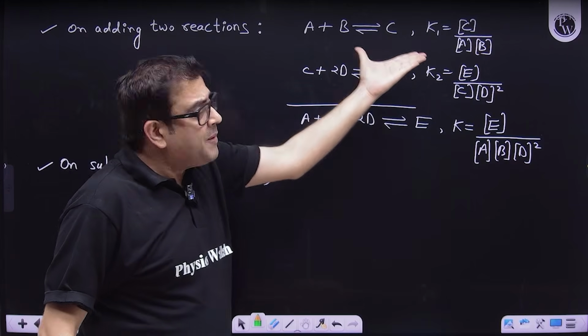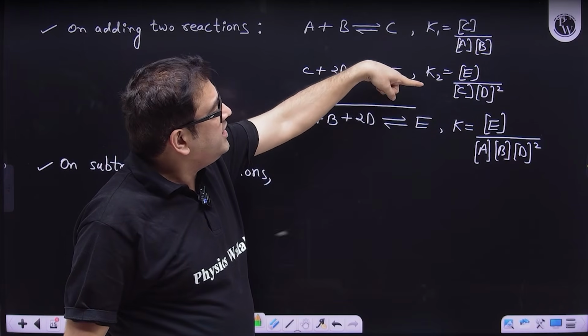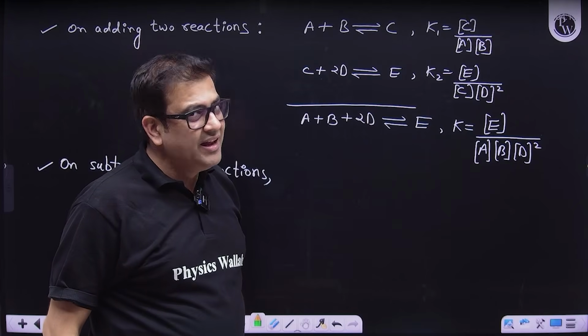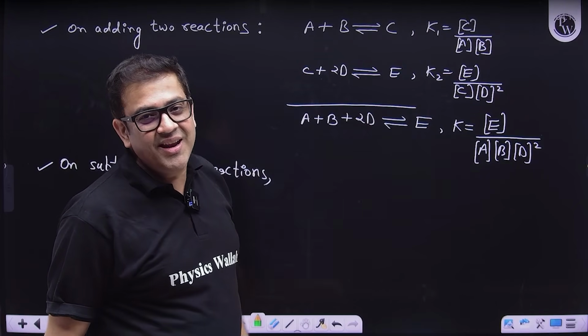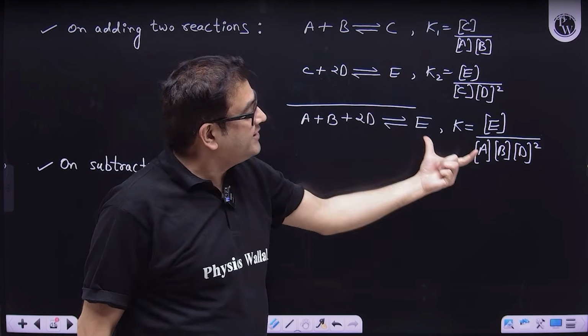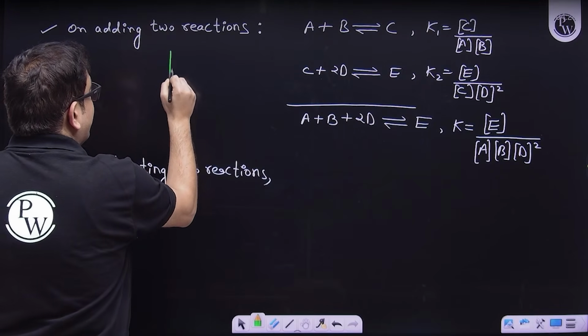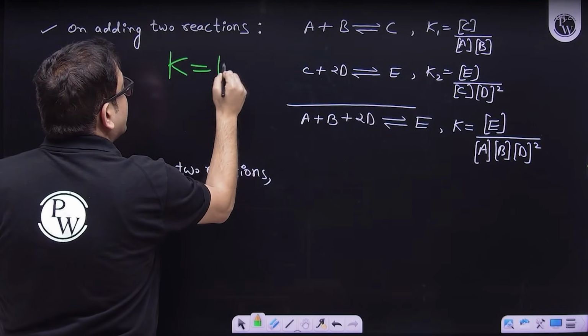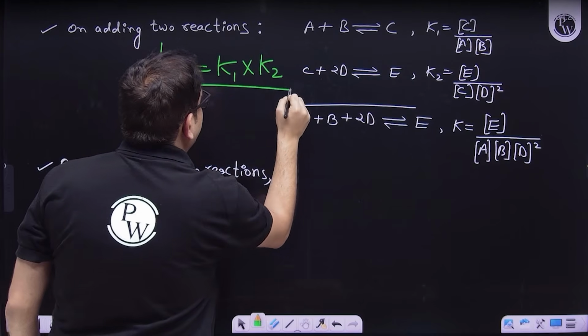Now this is also observational math. If you see K1 and K2 and the value of K, can you find a relation? We can easily see: multiply K1 and K2, and C and C will get cancelled. K comes. So if you add two reactions, the new equilibrium constant becomes the multiplication of the two added reactions.